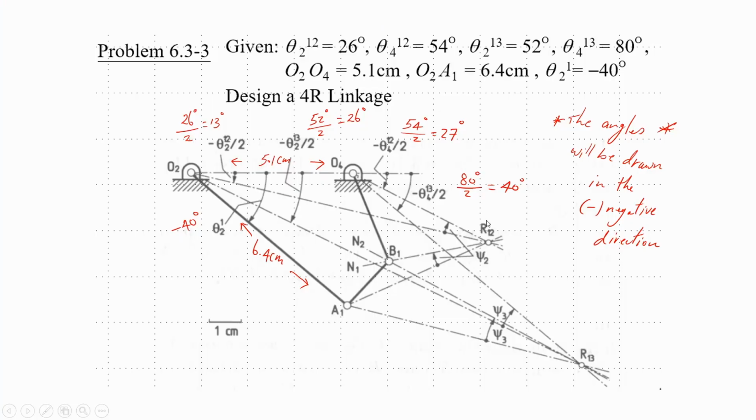Yeah, so we know this angle here and this angle here should be equal, as well as this and this. So now we want to develop this line, because we already have this one and we already have this one.